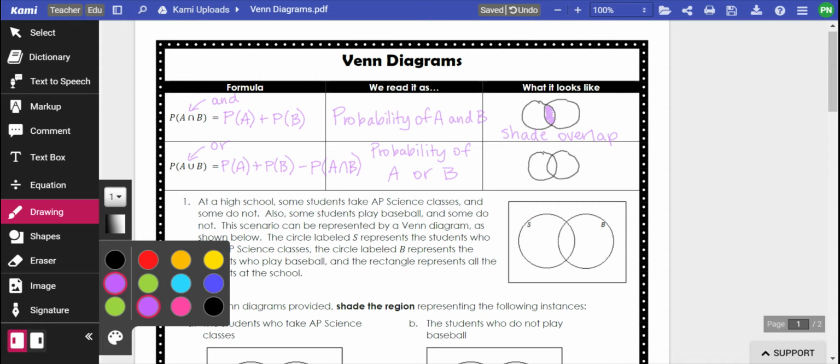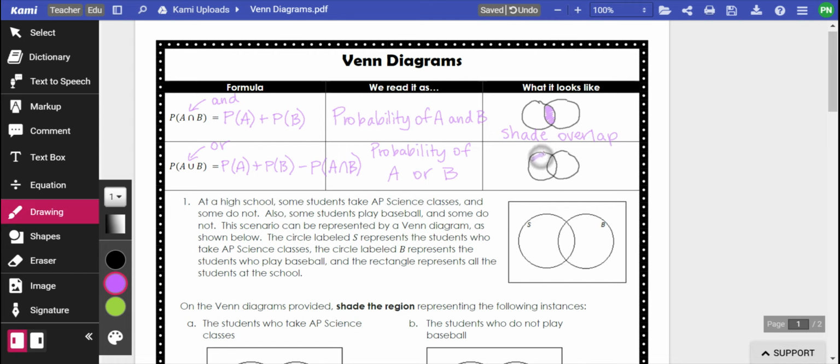So that means I'm going to end up shading all of this. So both circles, including the overlap in the middle. So we're going to shade both circles. All right, so that's the idea that we're dealing with today.